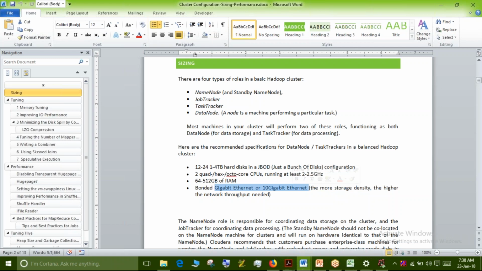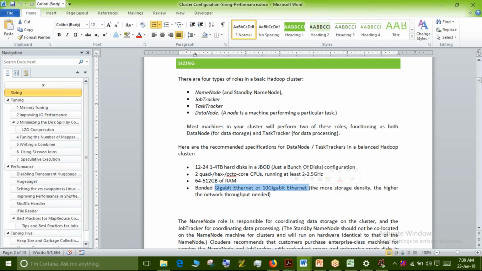So these are the minimum things that you take into consideration while setting up your data nodes. 12 to 24 hard drives, 12 to 24 TB storage capacity, 2 quad, hex or octo core CPUs depending on the availability of the hardware infrastructure and the cost that we are planning to spend in setting up your Hadoop cluster.